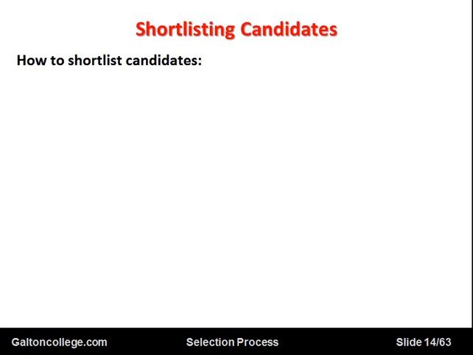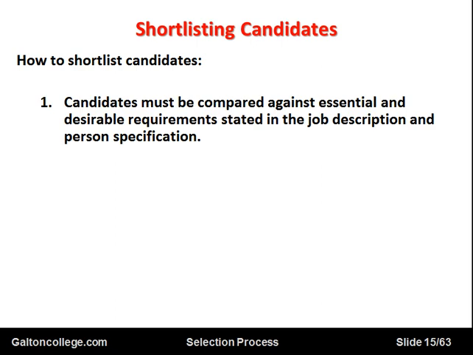Now, how to shortlist the candidates. Candidates must be compared against essential and desirable requirements stated in the job description and person specification. So there are two requirements really. There's the essential and the desirable. The essential is what the person must have to get onto the shortlist.